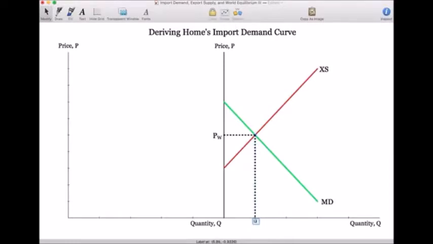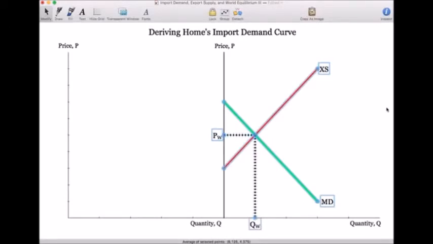So that is going to be QW. And again, we make sure that the fonts are equivalent to one another. So that is how the world equilibrium is determined. It's where the export supply curve for a commodity intersects the import demand curve. That gives us the price in the world and the quantity in the world also.